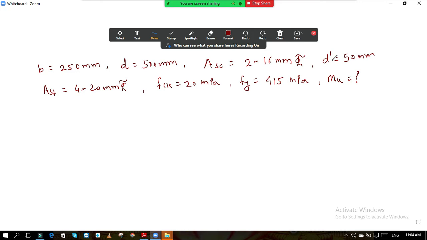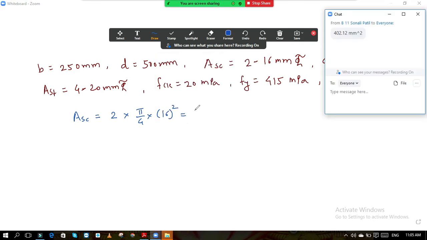First we calculate the area of steel in compression zone, area of steel in tension zone. Then we will calculate the value of XU max. So here ASC is equal to 2 bars of 16 mm. So let me know the answer. 402.12 mm square.